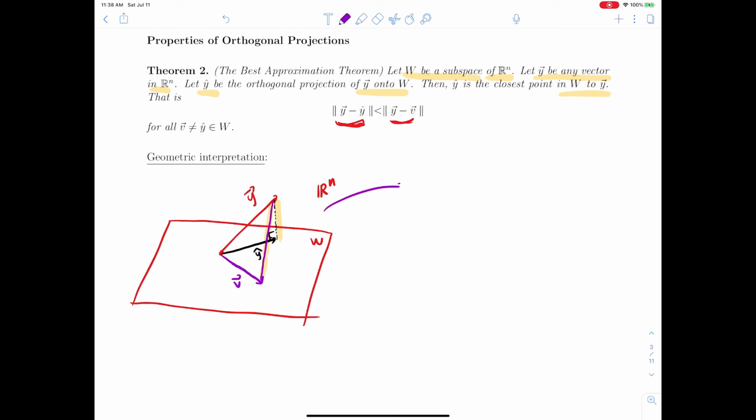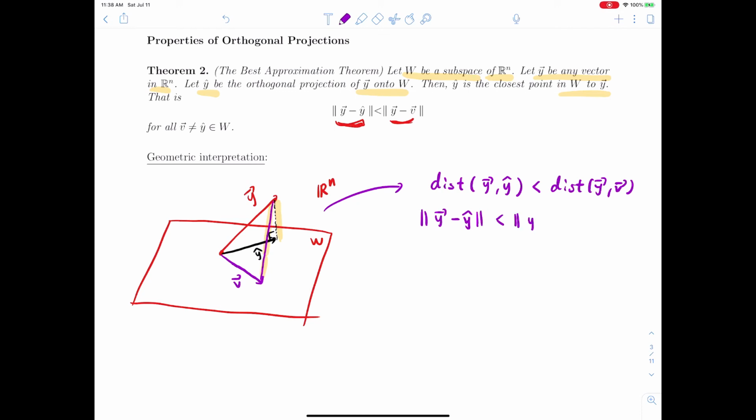So from here, we can tell that the distance from y to y hat is always smaller than the distance from y to, say, v, where the distance is given by the magnitude of their difference.